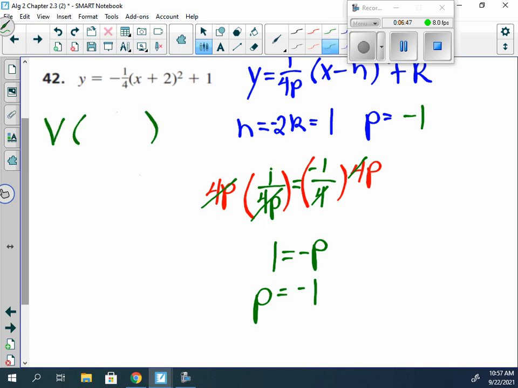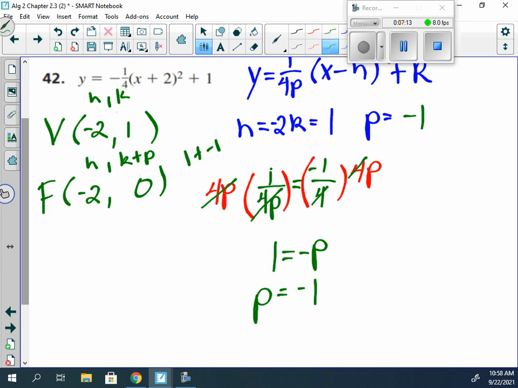Vertex is the point h, k. Well, what's our h and k? -2, 1. The focus again is h, k plus p. So we'll still have -2, comma, well, we have what? 1 plus -1.